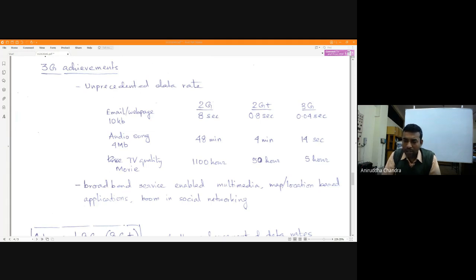So you have to understand that in 2G, we had this analog to digital transformation. So we could have audio, video, text, everything handled via mobile phone. Again, on 3G, the big achievement was that you can now have different kinds of map and location based services, everything together with the phone. So now you can do banking transactions, you can do food ordering, you can ask for a cab. So these are new interesting things coming up. Well, the other thing was multimedia.